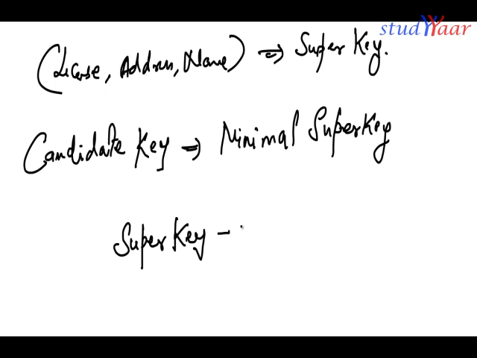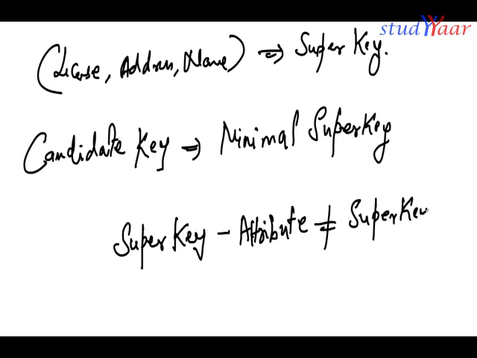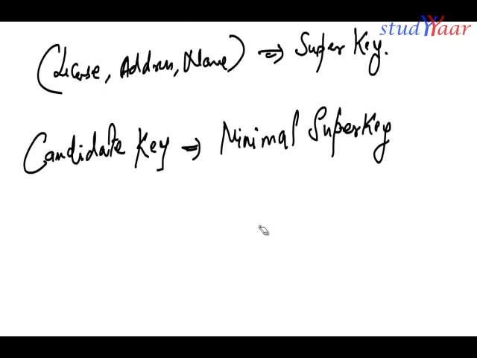Super key minus some attribute is not equal to super key. Okay, it's a bit confusing. I'll take it in some other way. A candidate key is a super key from which you cannot subtract an attribute and still have a super key.